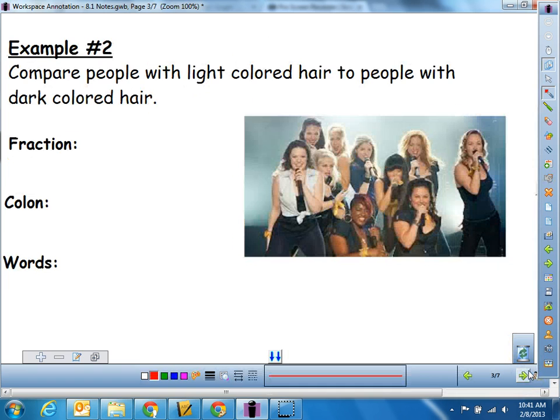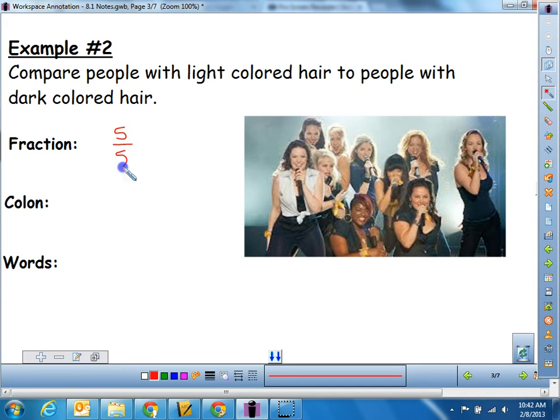So let's go ahead and try another one. People with light colored hair compared to people with dark colored hair. So as a fraction, we want our light colored hair, that's going to be our top number. How many have light colored hair? Well, we've got 1, 2, I'm going to say this one is 3, 4, 5 of them have light colored hair compared to dark colored hair. So the bottom of my fraction is going to be the dark. 1, 2, 3, 4, 5.